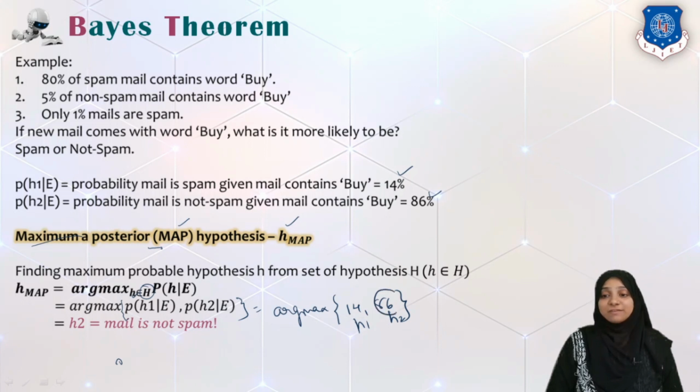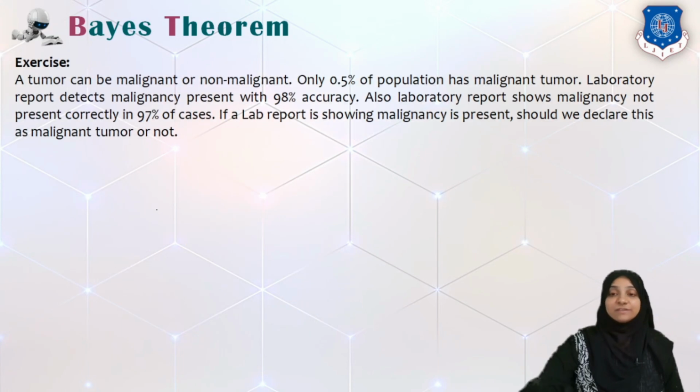The maximum is 86, so the supporting hypothesis will be H2. So whatever mail comes in with the keyword "buy", it is more likely to be not spam. That is the conclusion of Bayes theorem.